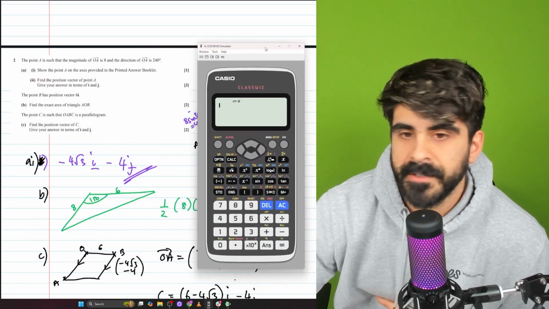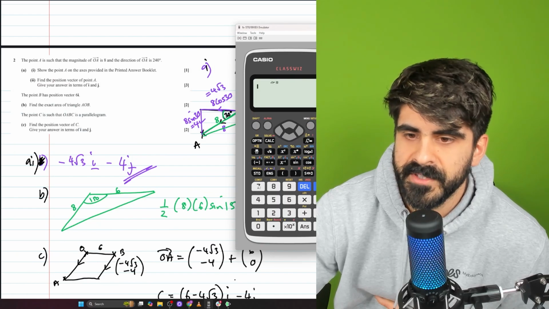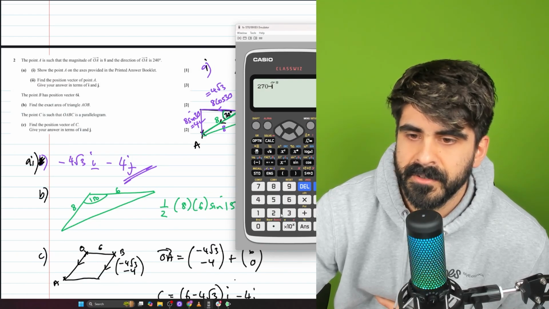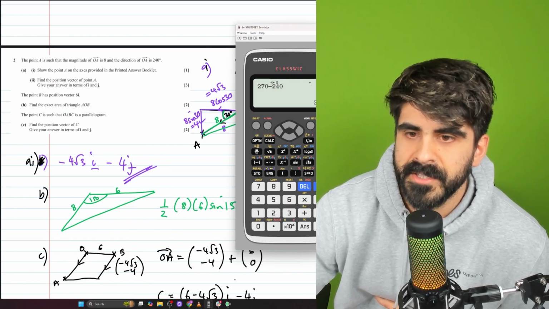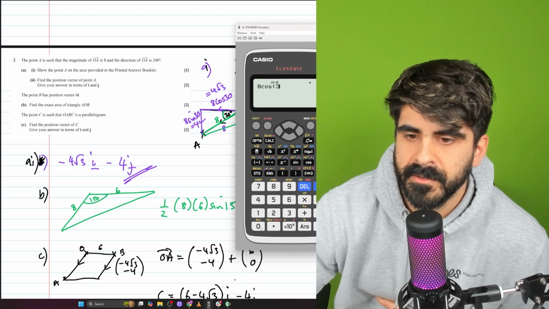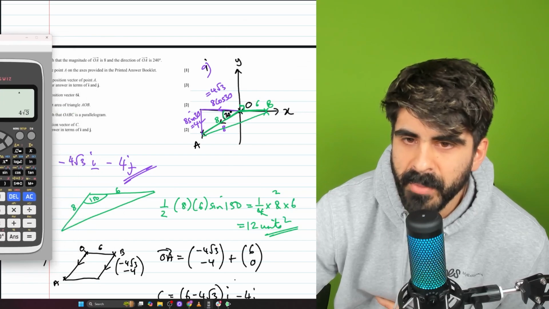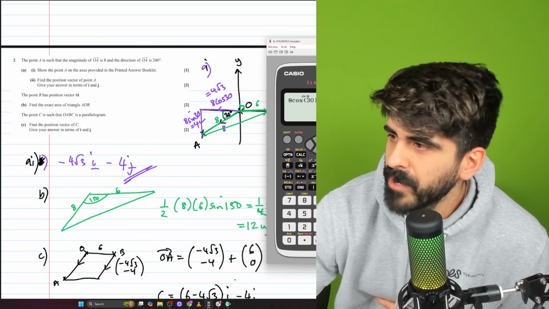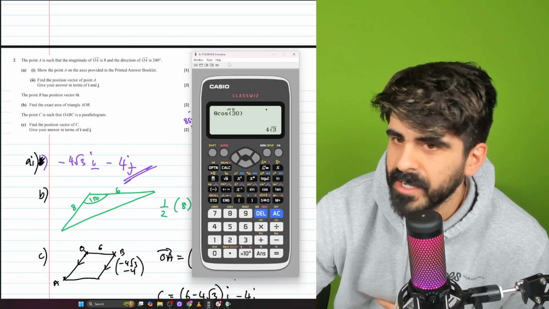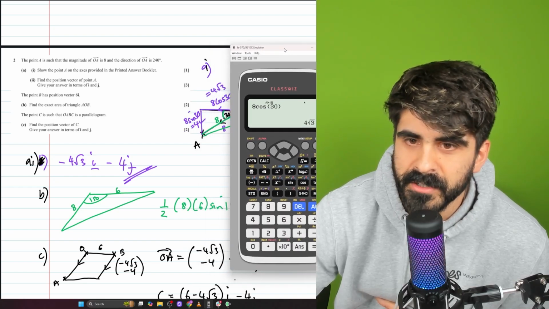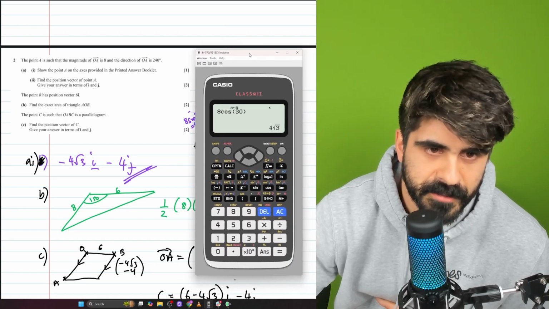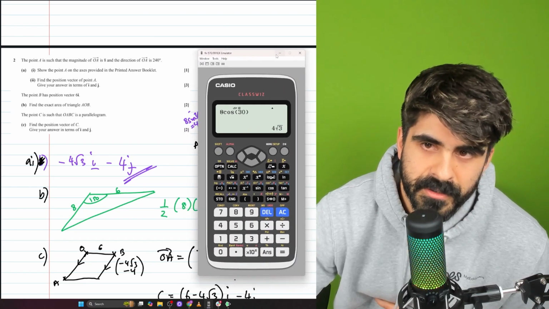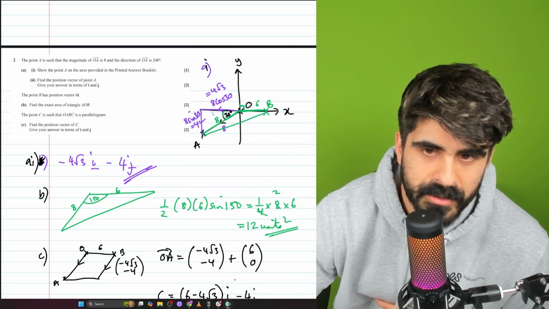Right. 270. 30. 4 root 3. Why am I bugging then? How am I wrong? I can't lie. I don't think I'm wrong here. It's impossible for me to be wrong. That's literally the i component.